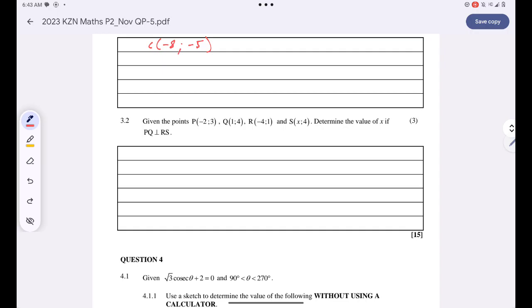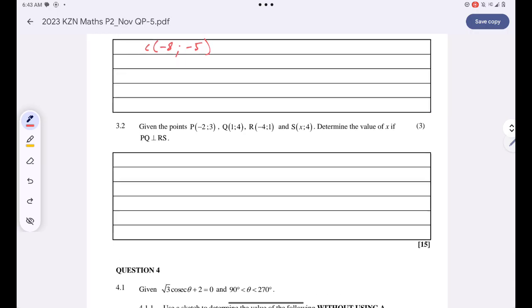Okay. Given the points P, Q, R, and S, determine the value of x if PQ is perpendicular to RS. Okay. I'm given P, Q, R, and S. Let me indicate this.